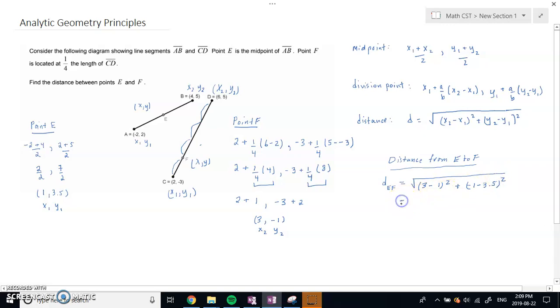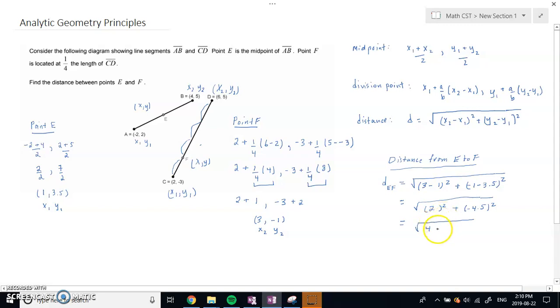Now some errors happen here. Again, you have to kind of do the BEDMAS first. 3 minus 1 is 2. And negative 1 minus 3.5 is negative 4.5 squared. Now, if students don't put in their negative 4.5 in parentheses in their calculator, they often get a negative answer for squaring. But remember, whenever you square something, it has to be positive.